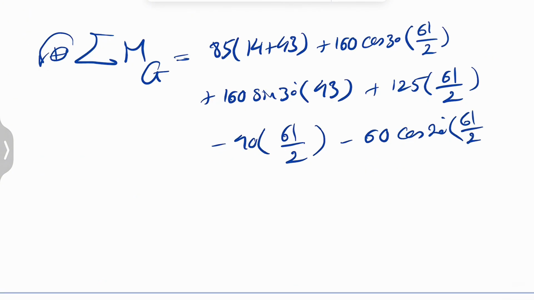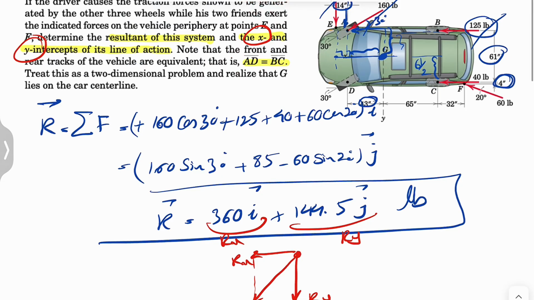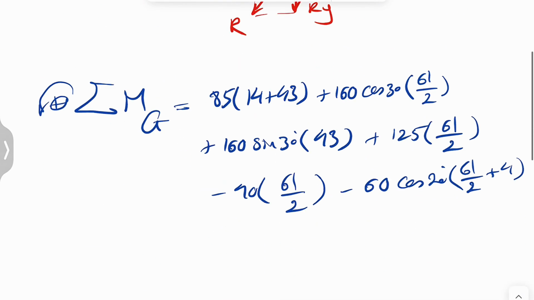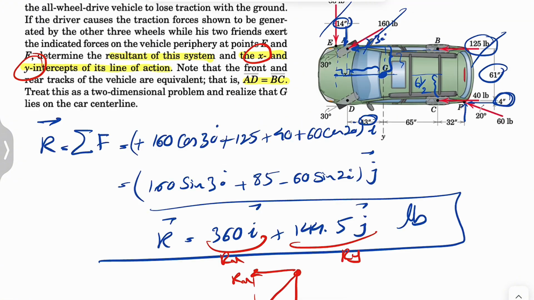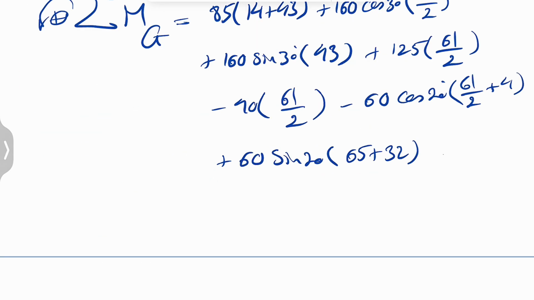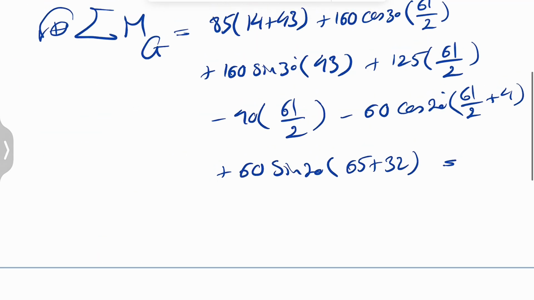So 65 divided by 2 plus that 4 inches, and that was the moment of the x, and this will be the moment of y. This one's counterclockwise, so positive 60 sine of 20 plus, and the distance that we have is going to be 65 plus 32. And that's going to be the answer for our moment.